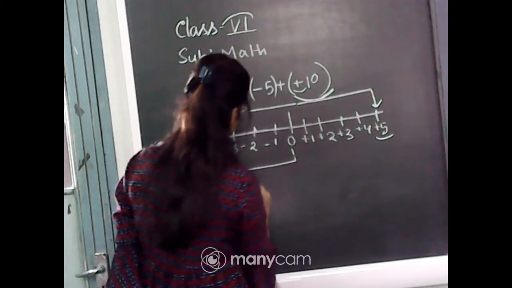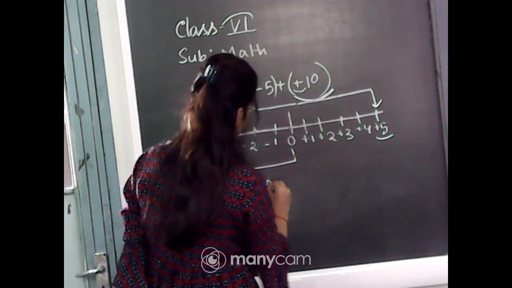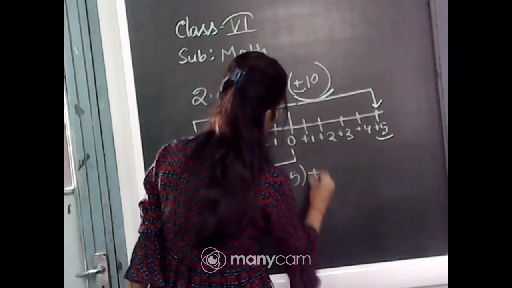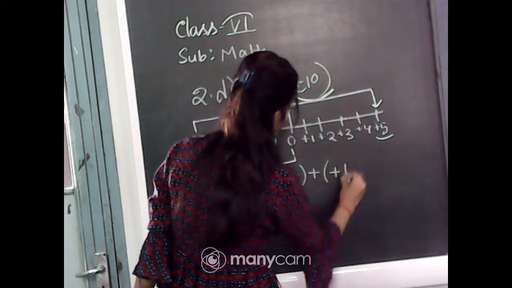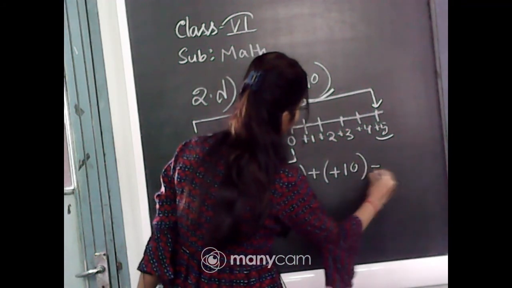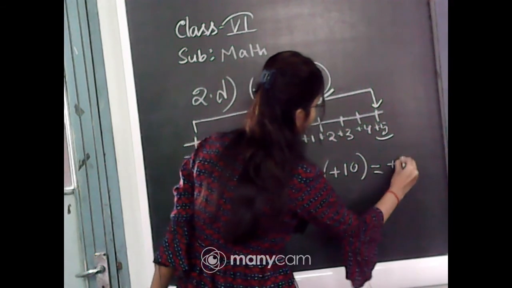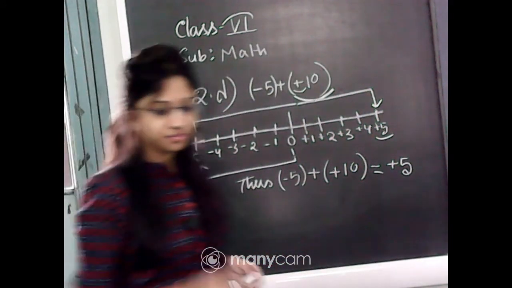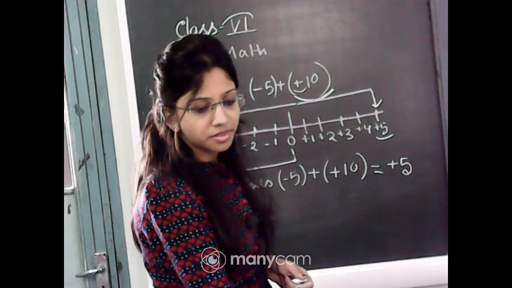Thus, minus 5 plus 10 is equal to plus 5. Okay? Okay, students?